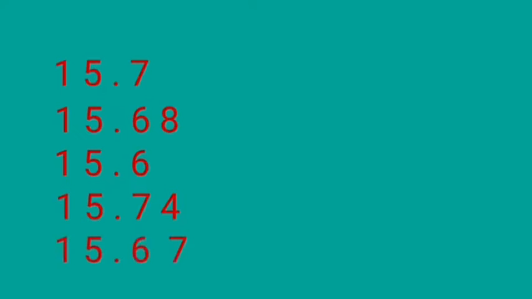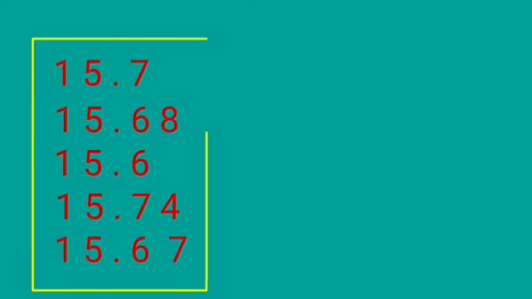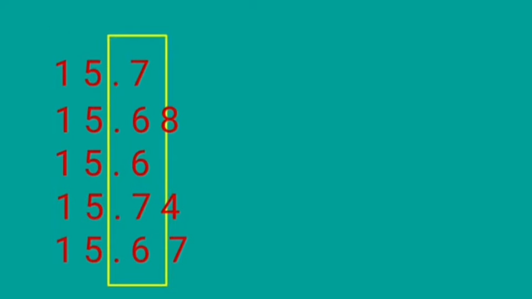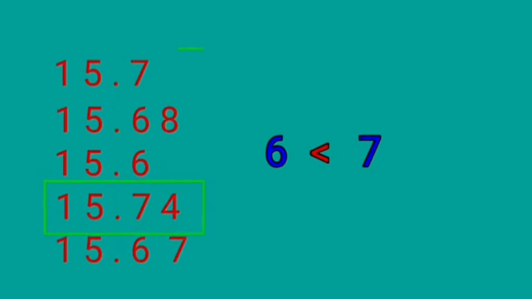Identify the winner. The winner is the one who took less time for swimming 25 meters. Comparing the times taken by A, B, C, D and E, the whole number part is equal for all the participants. So comparing the digit at the tenths place, we get 6 is less than 7. Therefore, 15.74 and 15.7 are greater numbers.